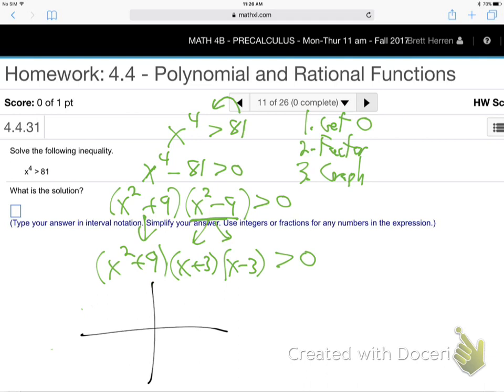So we go to the graph. At 3 and at negative 3 are the only zeros. Now, are these bouncers or pass-throughs? They're both first power, odd, pass through, odd, pass through. So you're going to pass through both of them. We need the end behavior. What's this thing doing at the end?